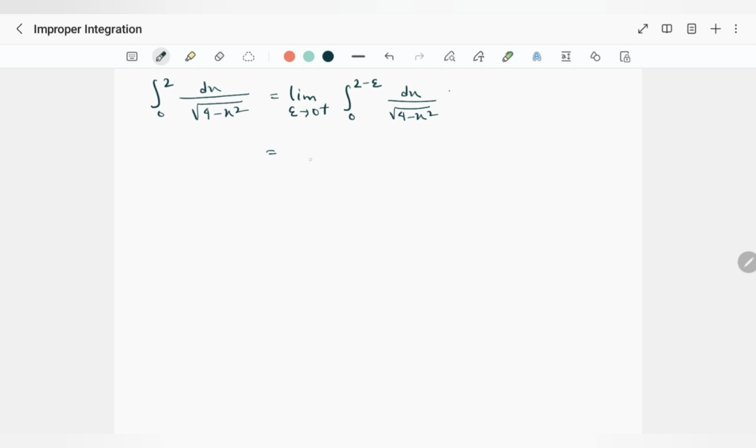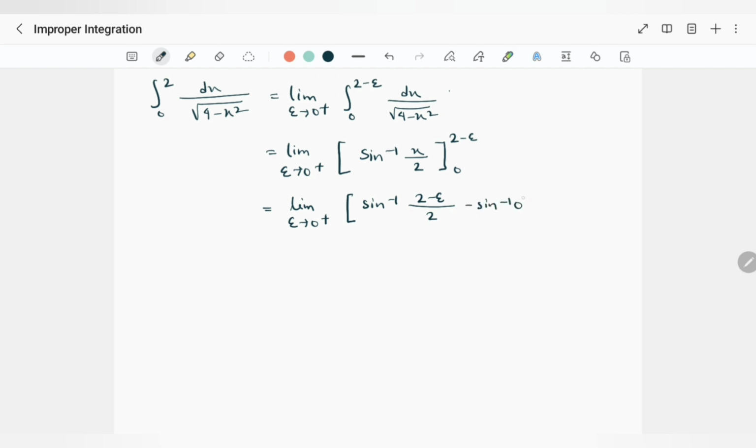So this is equal to limit epsilon tends to 0 plus, and now the integral value is sine inverse of x by a, where a is 2, because it is 2 square minus x square. So this is 0 to 2 minus epsilon, equal to limit epsilon tends to 0 plus sine inverse of (2 minus epsilon) by 2 minus sine inverse 0.